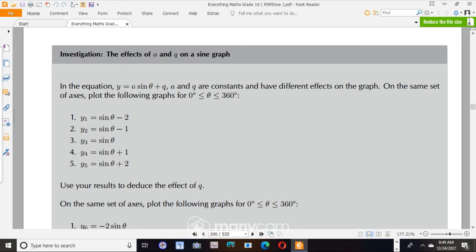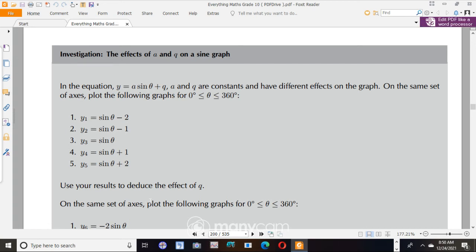Now we can see the different effects of varying q and varying a. For example, here the a value is 1, but the q value is -1, 0, +1, +2. So what is the effect of q on this graph?